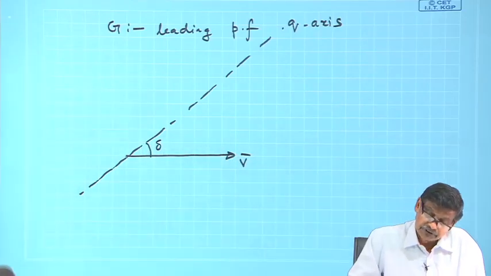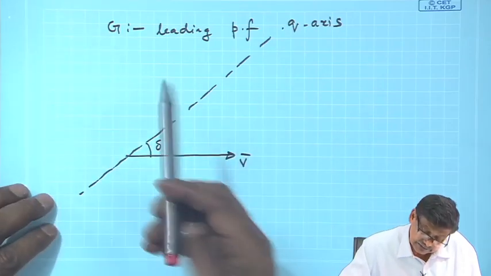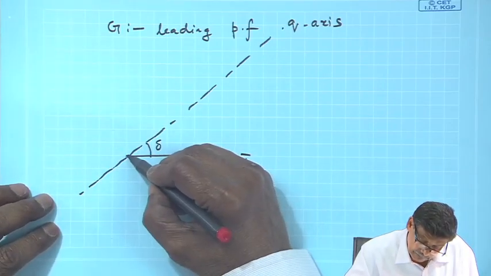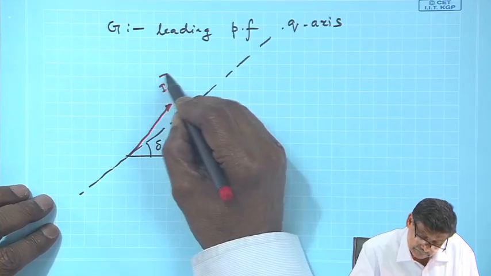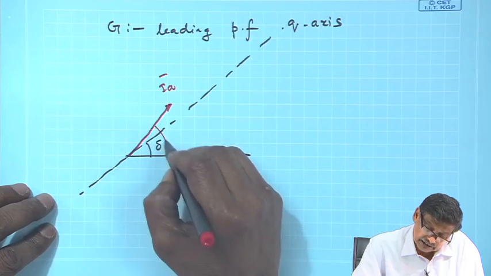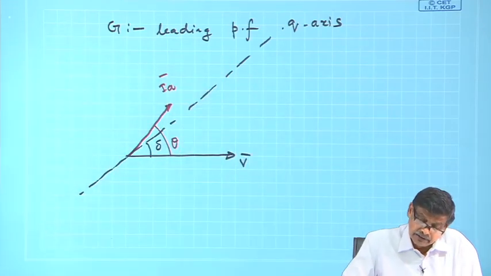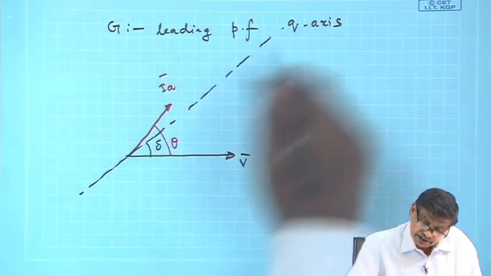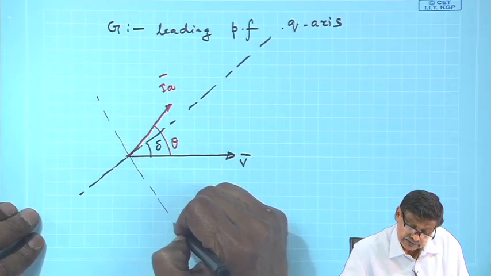Suppose the armature current is like this, I a, and this is the power factor angle theta. I have just drawn leading, but the moment I get the q axis, your d axis will be like this.